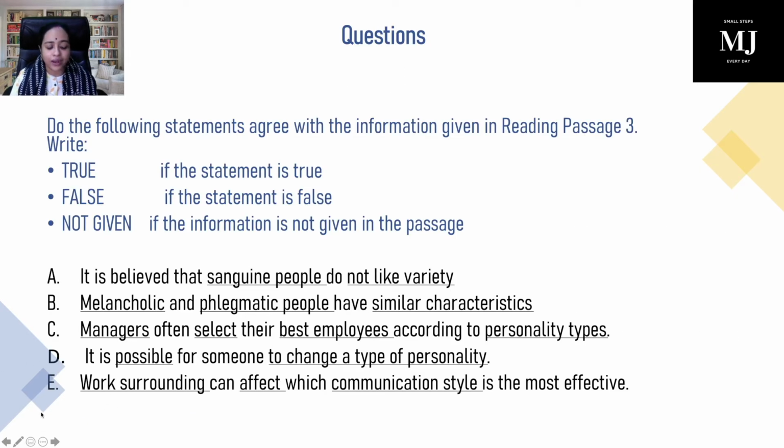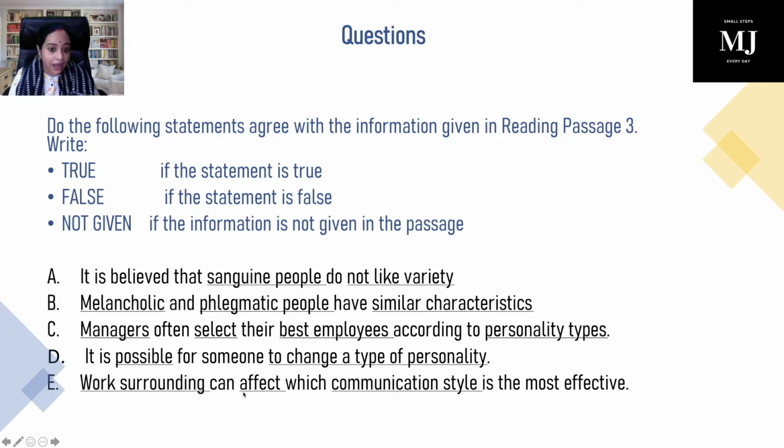Now the E1. Now guys, I am leaving you with the E1. Please write in the comment box whatever you feel is the answer for the E1. Is it true, false, or not given? For you, I'm reading out the question. Work surrounding can affect which communication style is the most effective. Work surrounding. So try to think about paraphrase versions or synonyms.